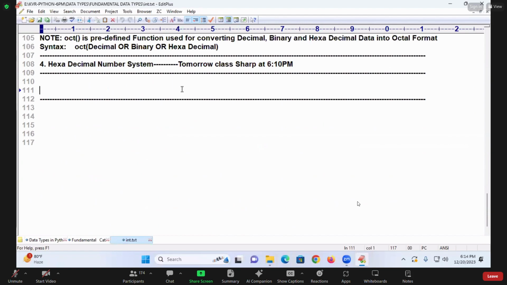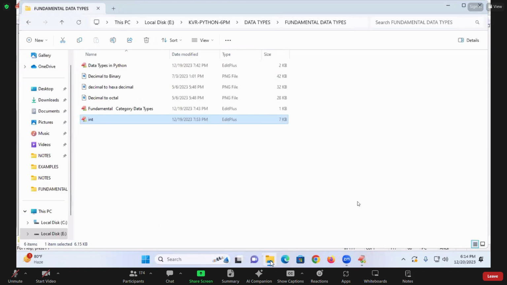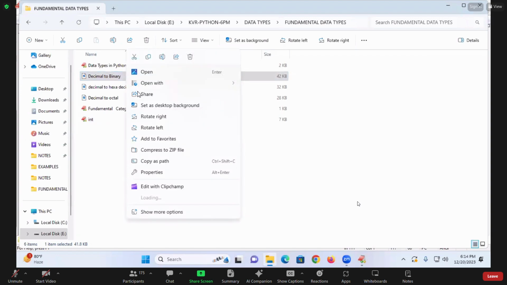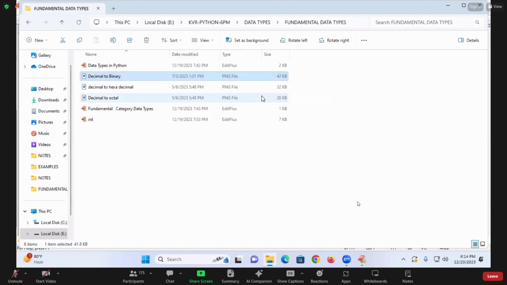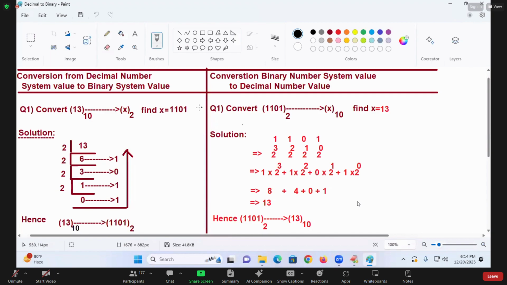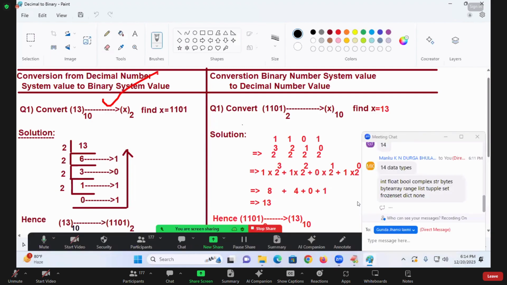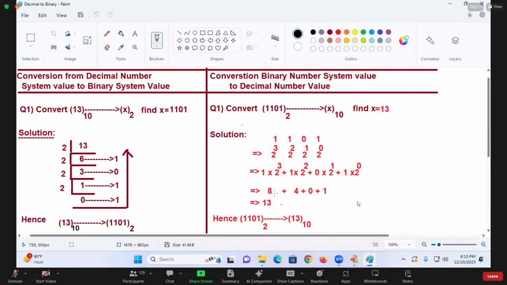Today I am going to take the hexadecimal number system. Yesterday I showed you some calculations: on this left side, conversion from decimal number system value to binary number system, with a mathematical explanation, and the reverse, binary to decimal, like school days, with mathematical orientation.